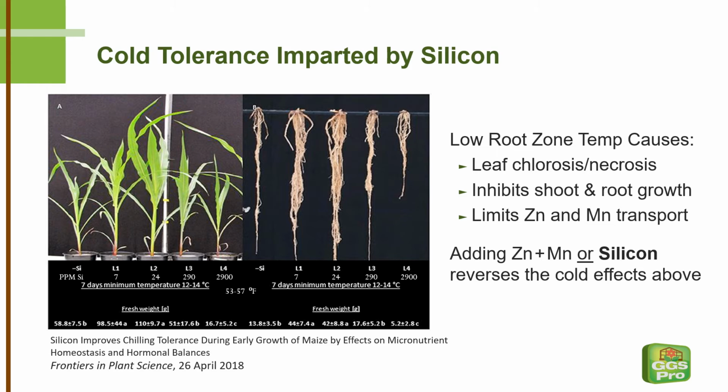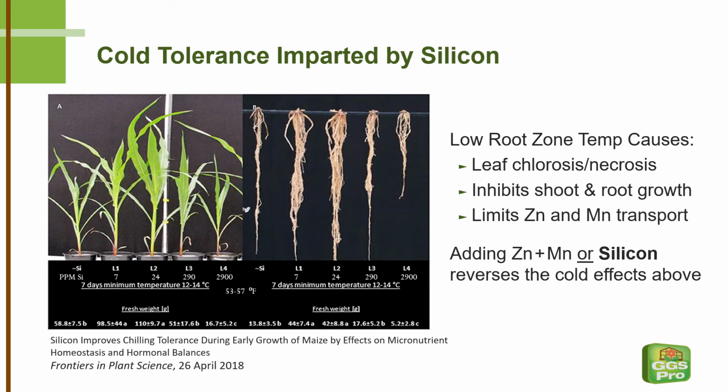Another effect of silicon is that it is good at reducing abiotic stresses on the plants. So here I'm going to go over an experiment that shows induced tolerance to cold temperatures. This is in corn seedlings, and on the very left we see a seedling that has been subjected to cold root temperatures after germination, and that plant is somewhat stunted.